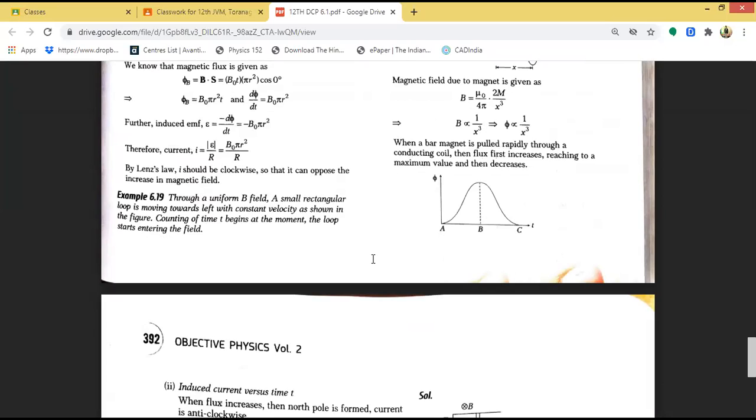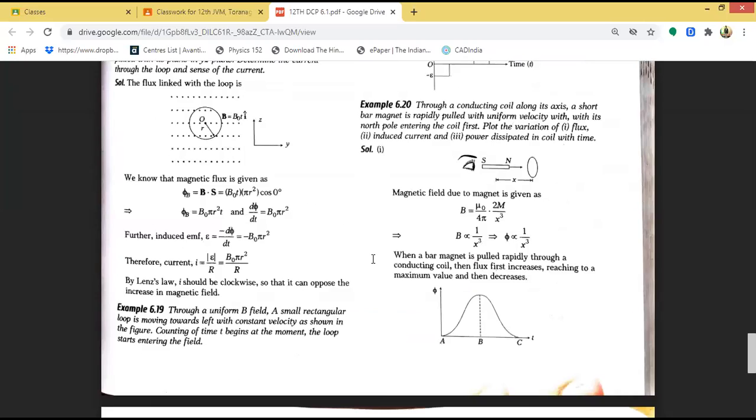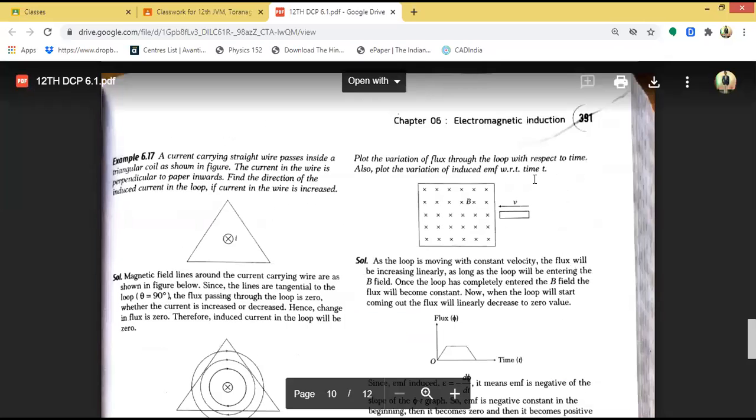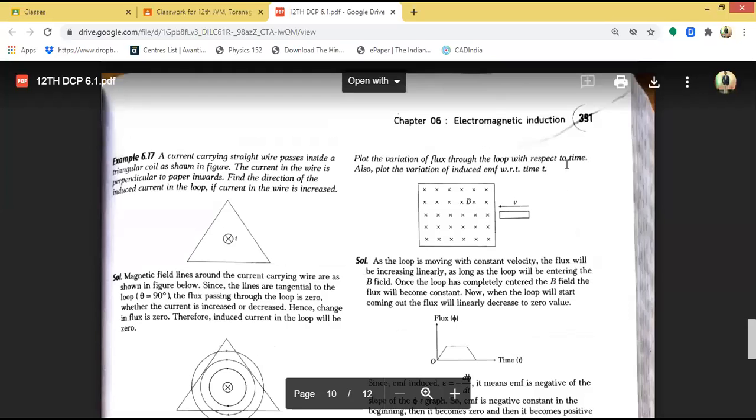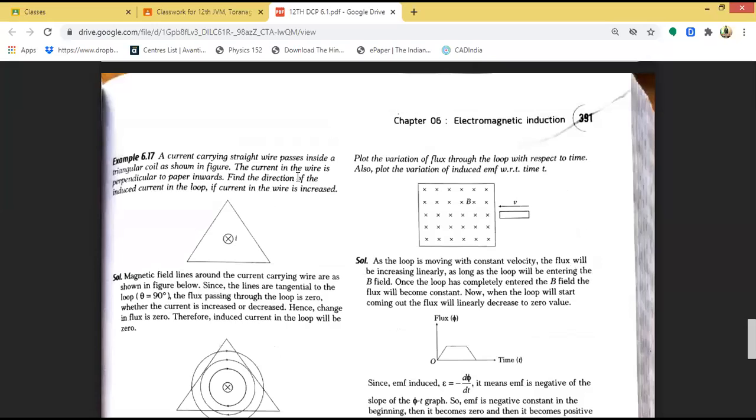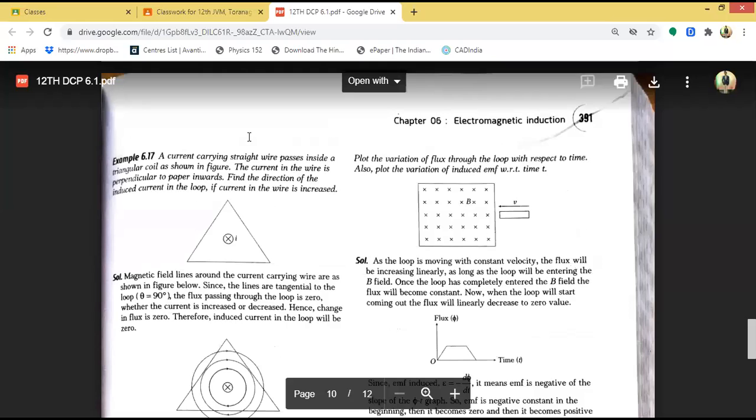Counting of time begins at the moment the loop starts entering the field. Plot the variation of the flux through the loop with respect to time. ठीक है? So यहाँ पे we need the variation of flux. ठीक है?